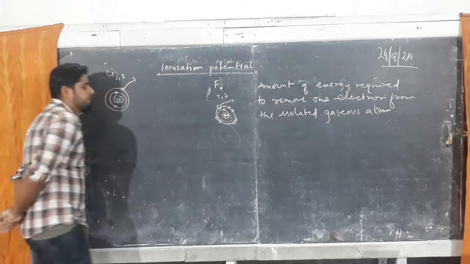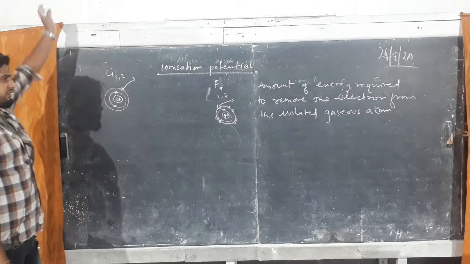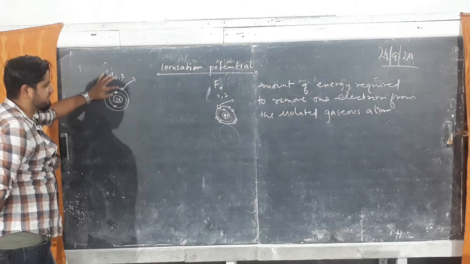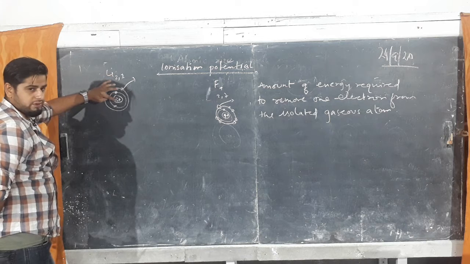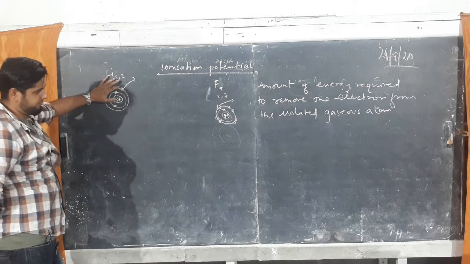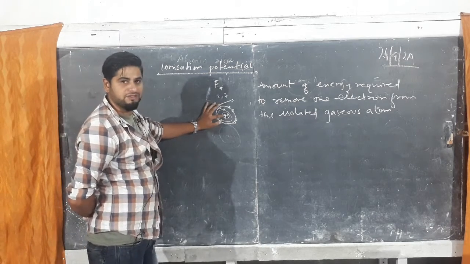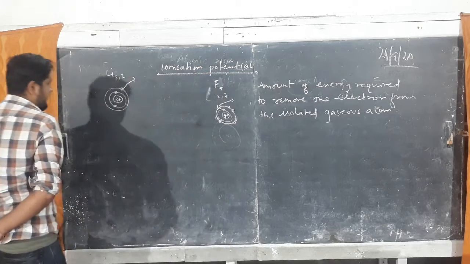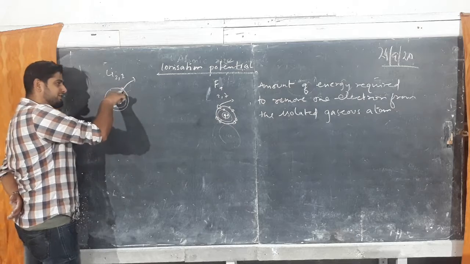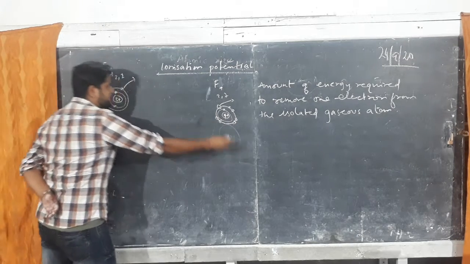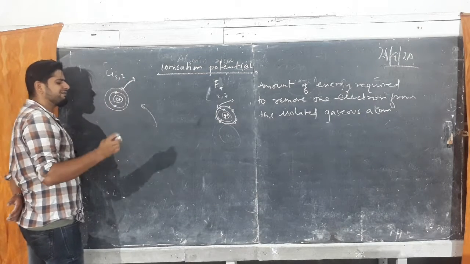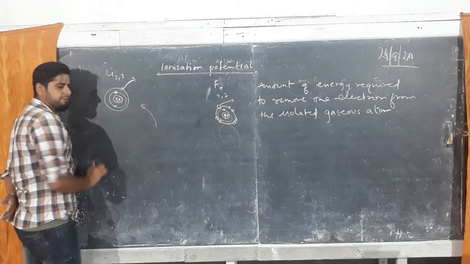If you wish to remove one electron from lithium, and if you wish to remove one electron from fluorine, look at the board and try to understand this carefully. Here we have 3 positive charge which is attracting this electron. 3 positive charge is holding this one electron. Here we have 9 positive charge holding this electron. So as compared to this, we need to supply less energy to remove this electron, since this electron is not that strongly bound with this nucleus.